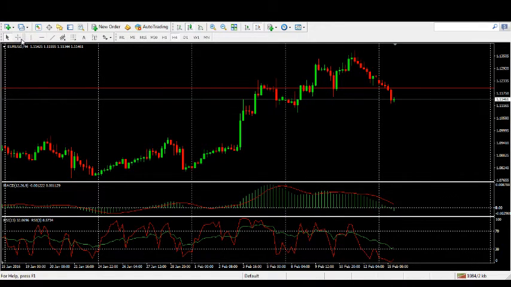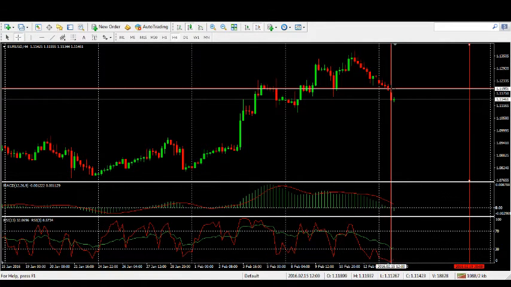From here we put here and see, this is 20. Okay, this is to predict whether the price will be lower from here.